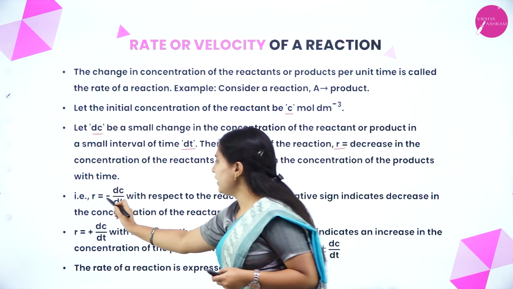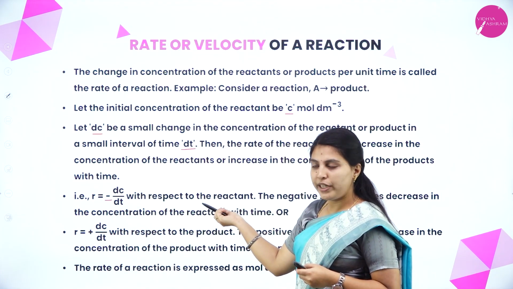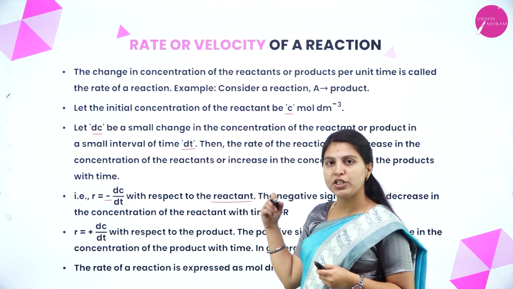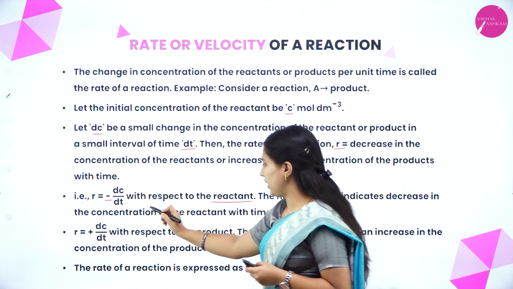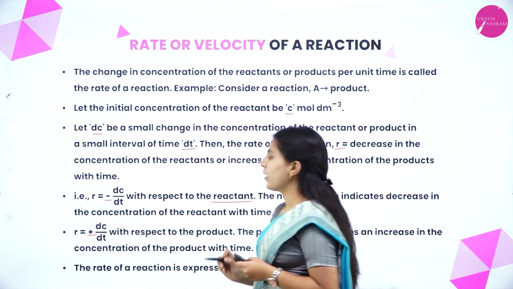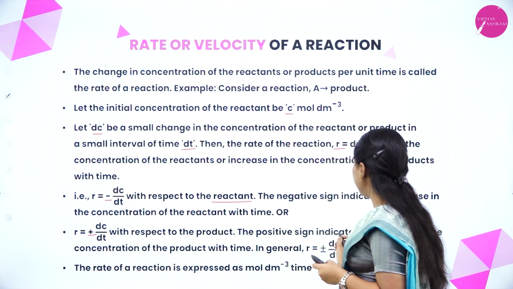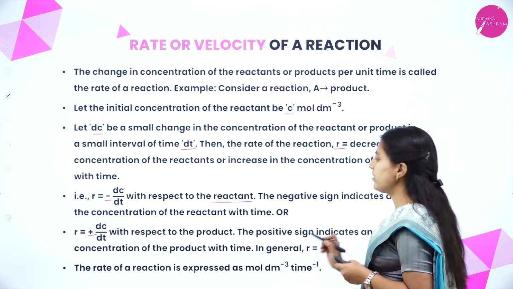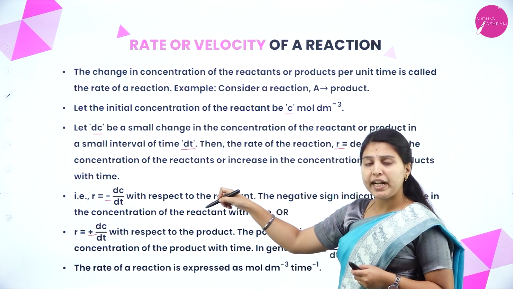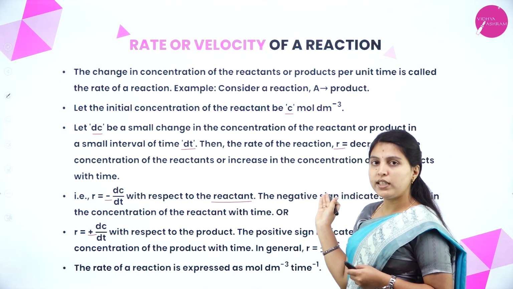Why this negative sign? Because this concentration refers to the reactant side, so the concentration of the reactant is going to decrease. If it is going to increase on the product side, it changes to a positive sign. The positive sign indicates an increase in the concentration of the product with time. As I told, either the concentration decreases on the reactant side or increases on the product side.